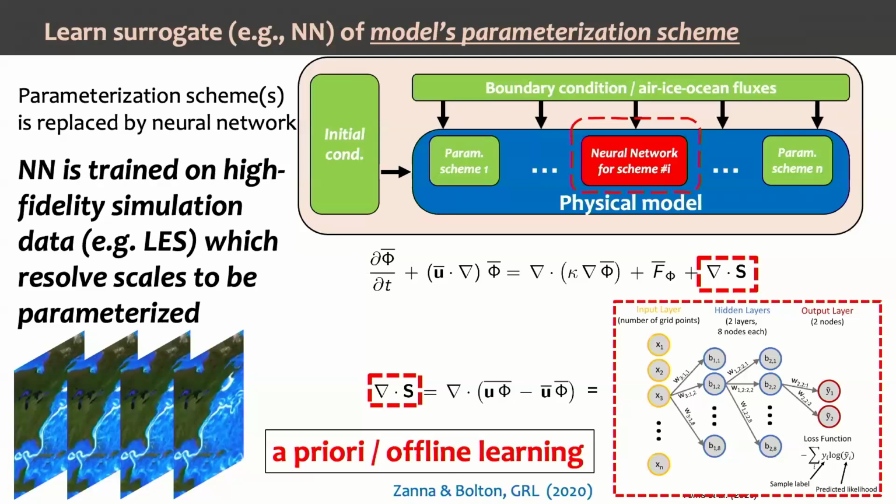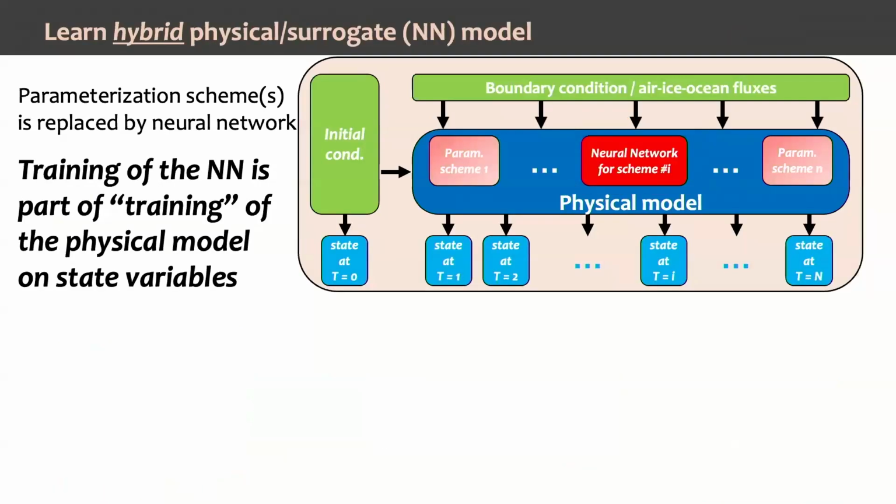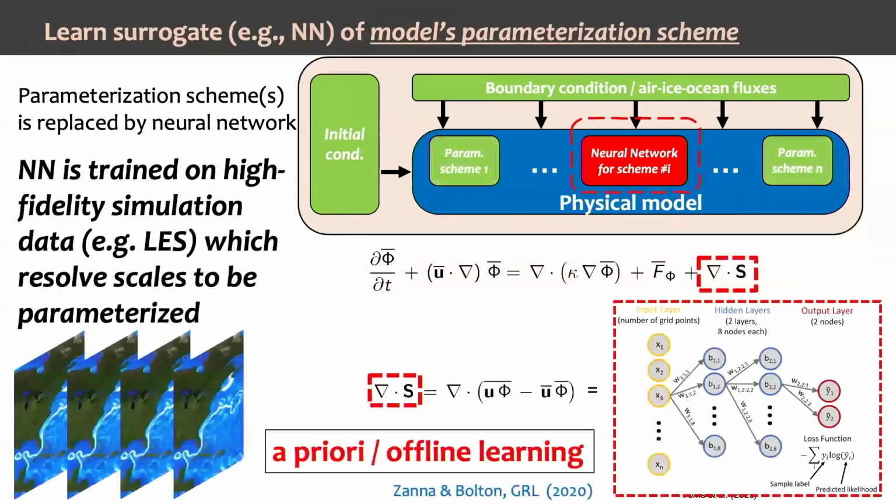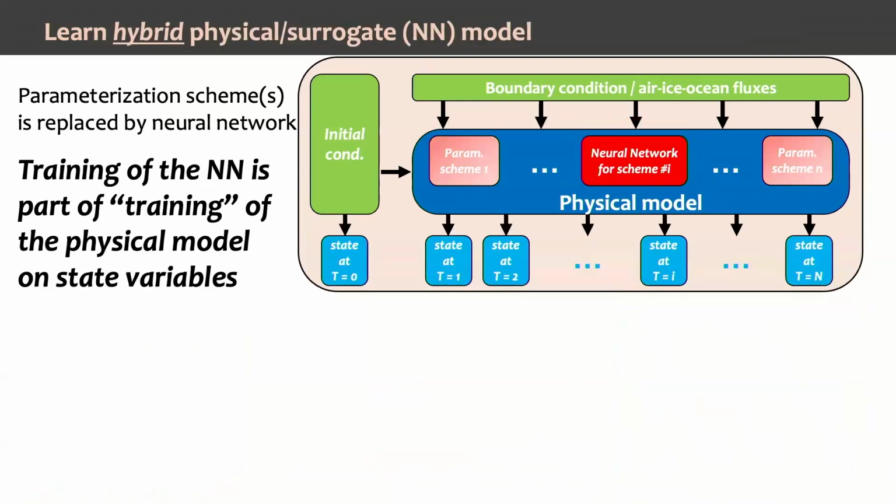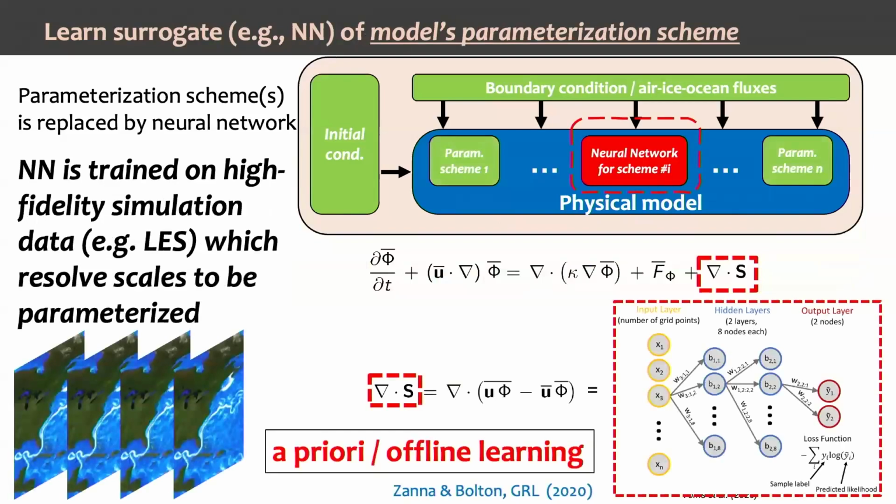So the question has become: can we learn these neural network architectures within the full model? Instead of just learning them on simulations, where we compute the statistics of the eddy field and learn those, with no actual observations going into the training here.